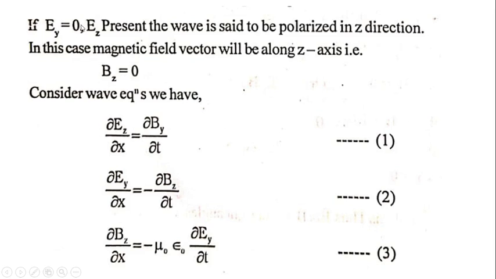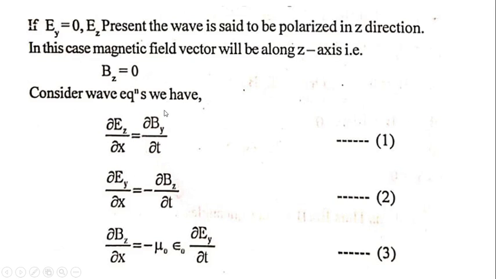Now if Ey equals 0 and Ez is present, the wave is said to be polarized in the Z direction. In this case, the magnetic field vector will be along the Y axis, that is Bz equal to 0.